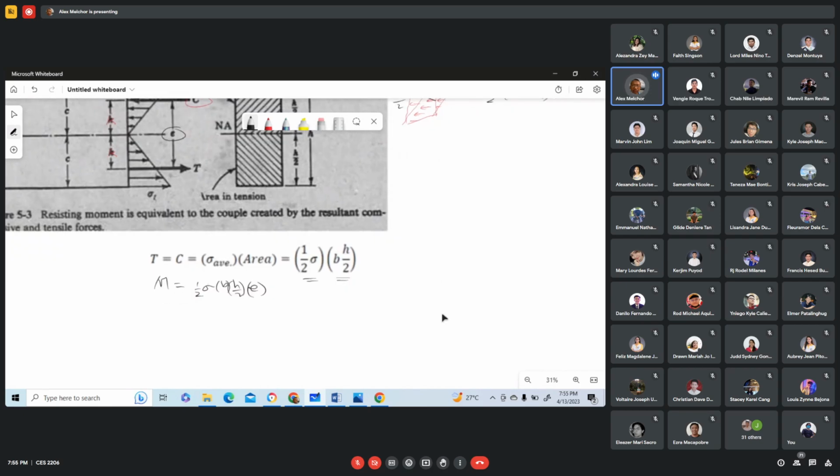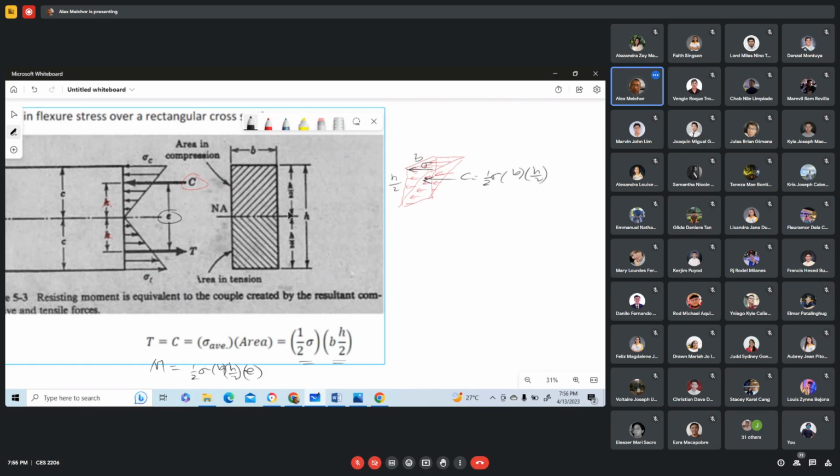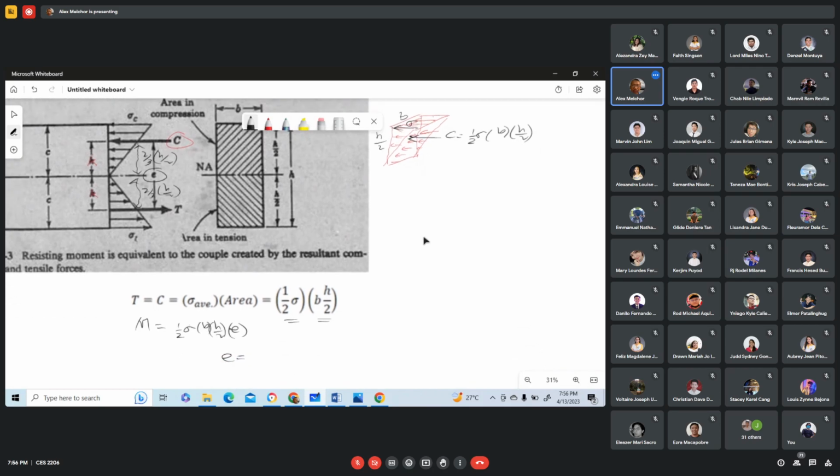And that distance E is equal to this plus this, where this one here is 2/3 of h/2. This one here is h/2, and this is 2/3 of h/2, while this below here is also 2/3 of h/2.